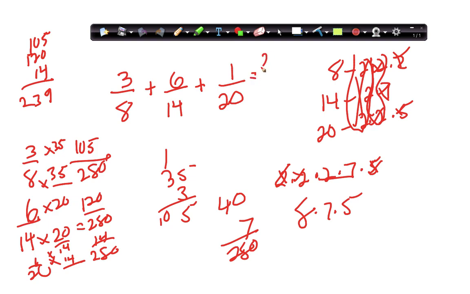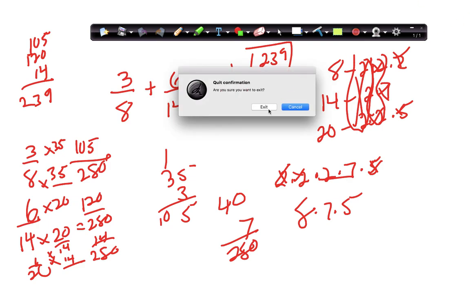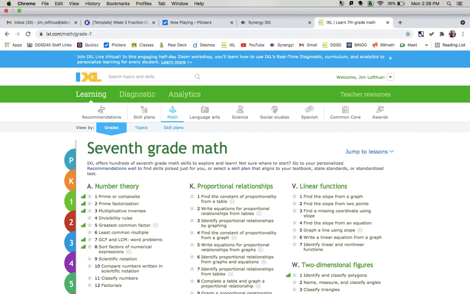So this is equal to 239/280. And that is a recap, part 3 for IXL for Monday, September 27th.